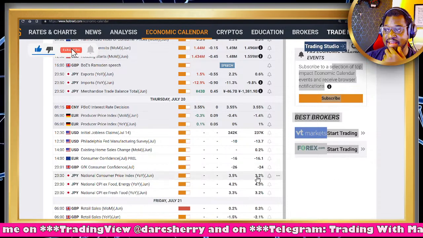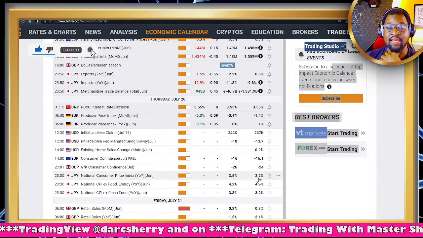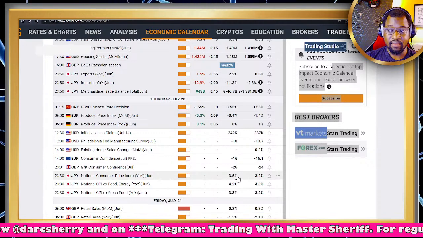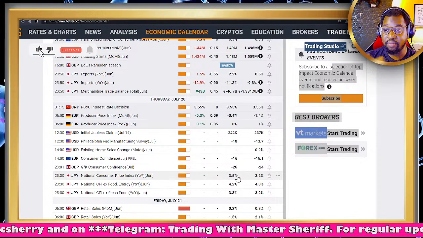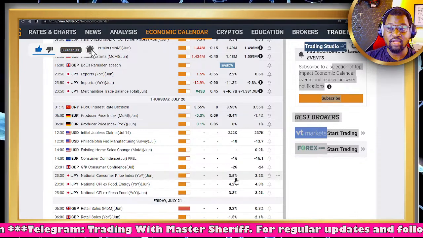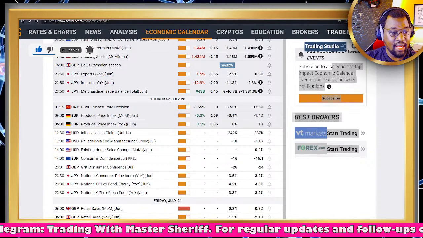From what we have here, the previous data came in at 3.2%, and the general consensus is projecting 3.5%. So we are going to be looking forward to what the actual data is going to be like.